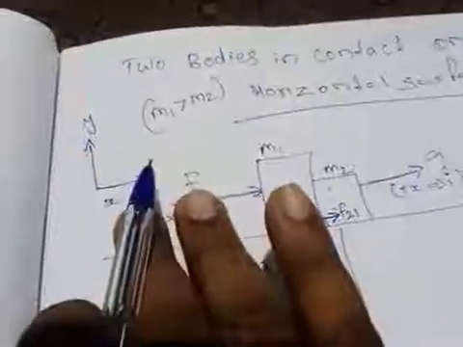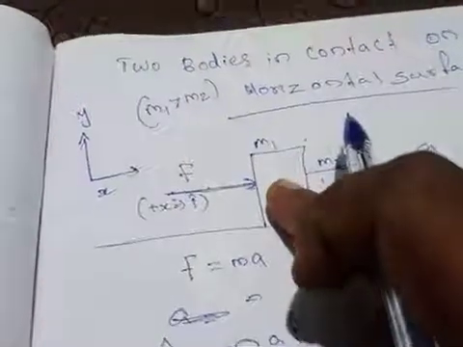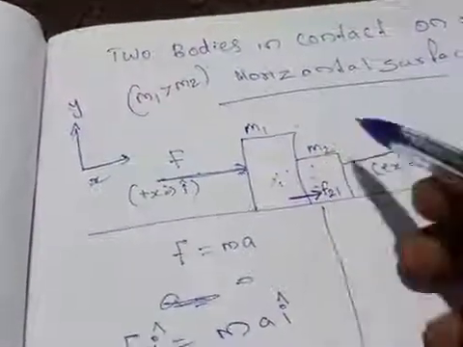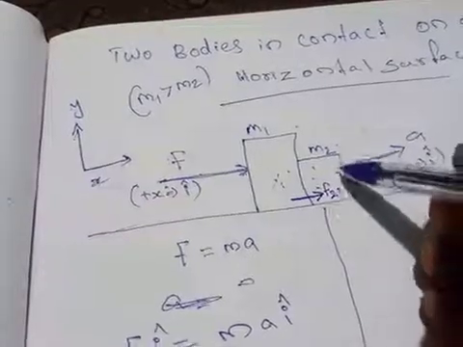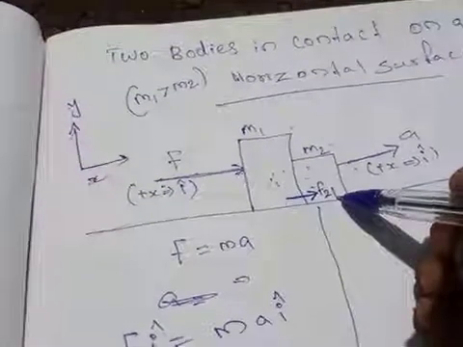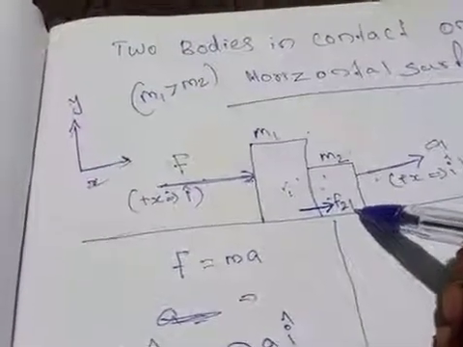When you apply a force here, mass m1 will come and hit here, so there is a force on mass 2 due to the force exerted by mass m1.